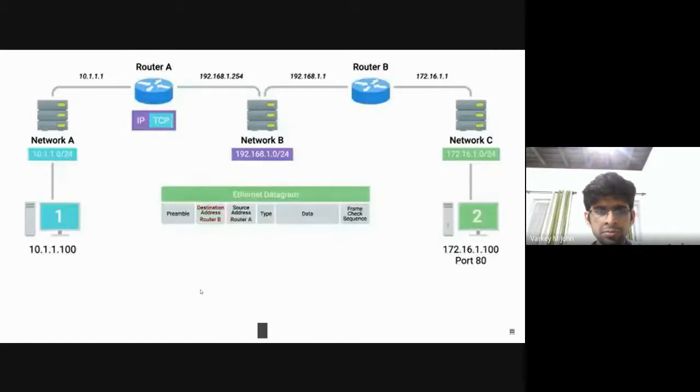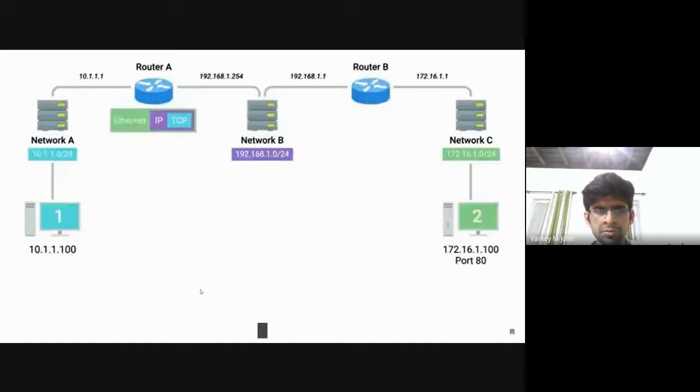Once the values for all fields in this frame have been filled out, router A places the newly constructed IP datagram into the data payload field, calculates a checksum, places this checksum into place, and sends the frame out to network B. Just like before, this frame makes it across network B and is received by router B.